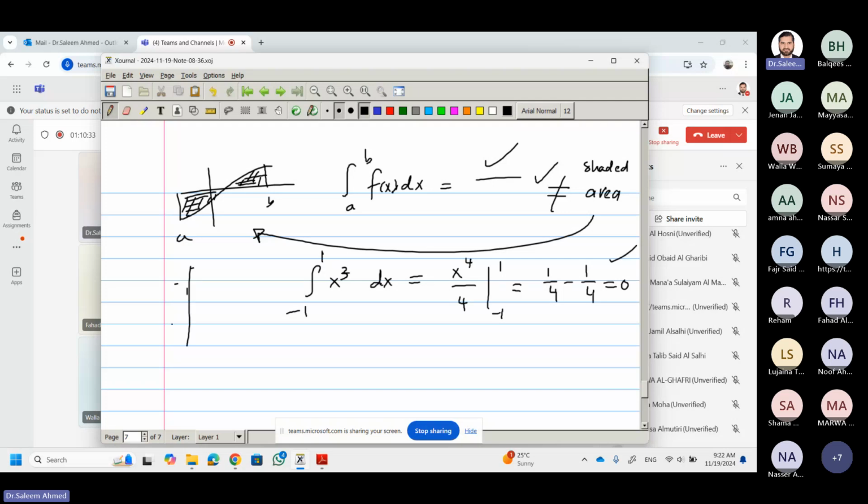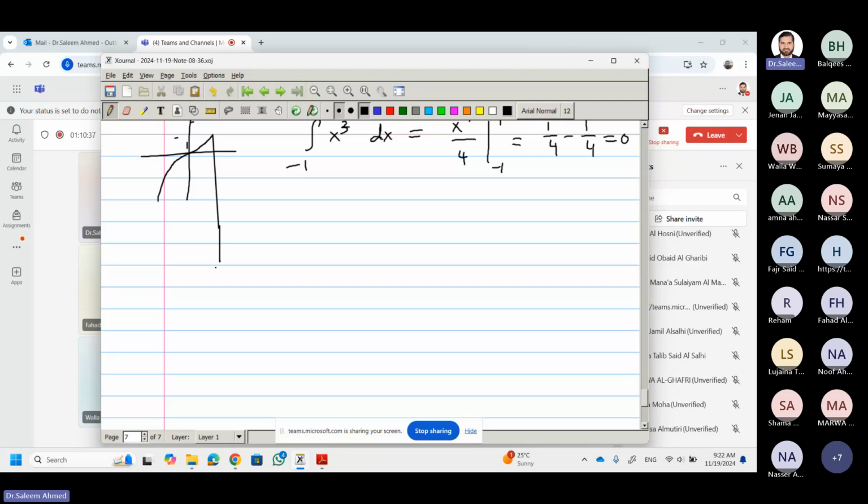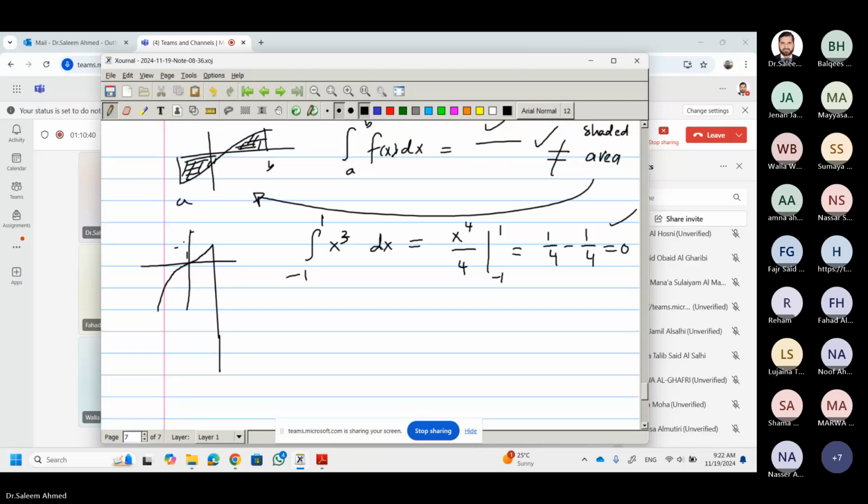So if they ask you, this is my x cube, and if I am integrating this between -1 and 1, my answer is 0.